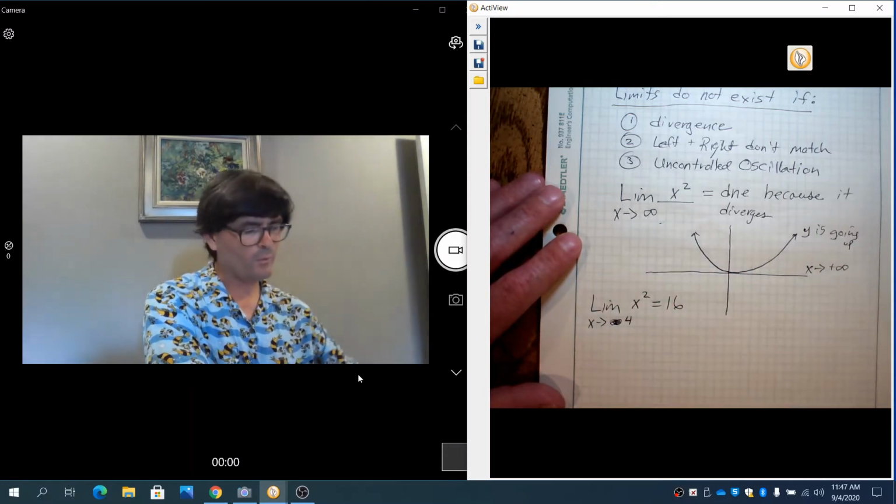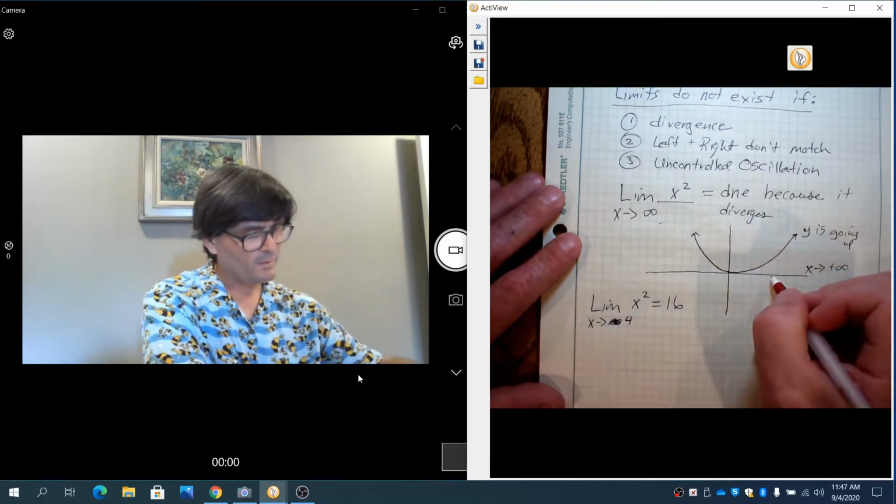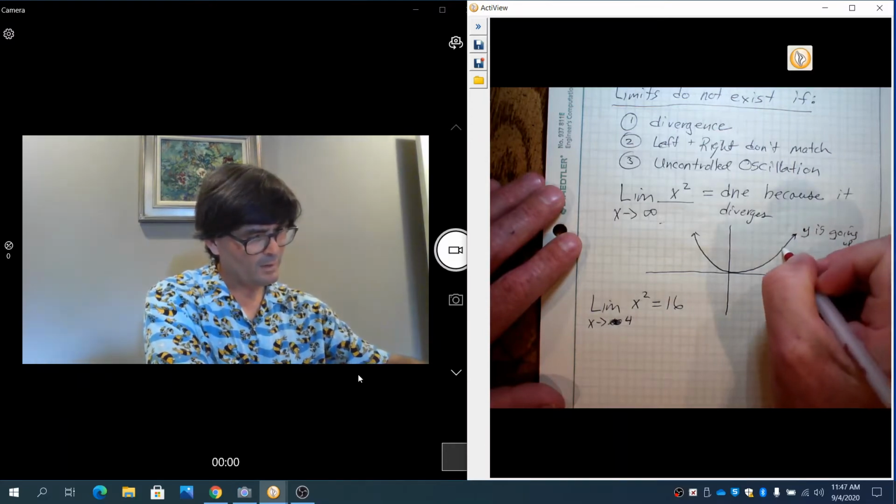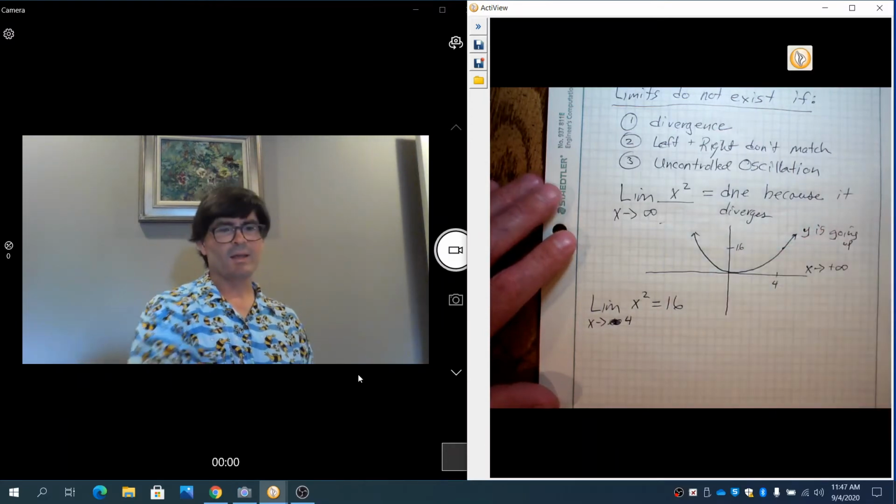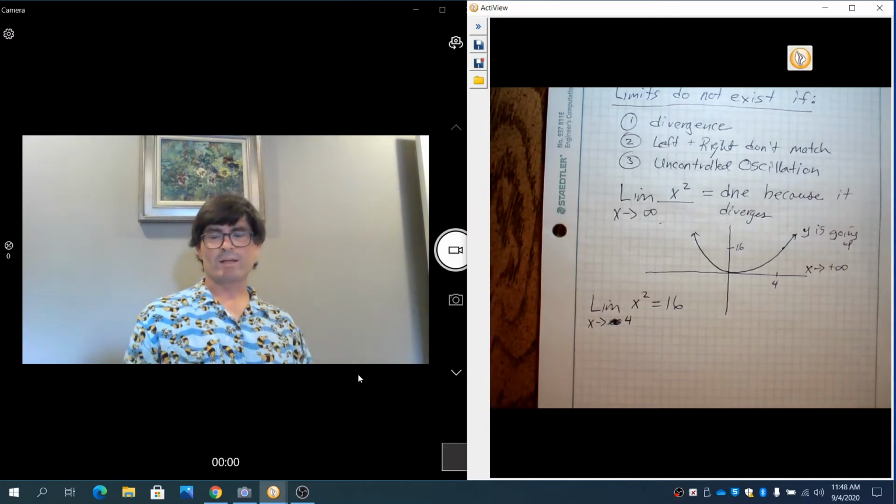We've got a 4 here, a 16 here, and as x gets close to 4, y gets close to 16. Everything in calculus is pointwise defined, meaning that at every particular x value, what's happening could be different. So this limit doesn't exist when x goes to infinity, but it does exist when x equals 4 or any other number.